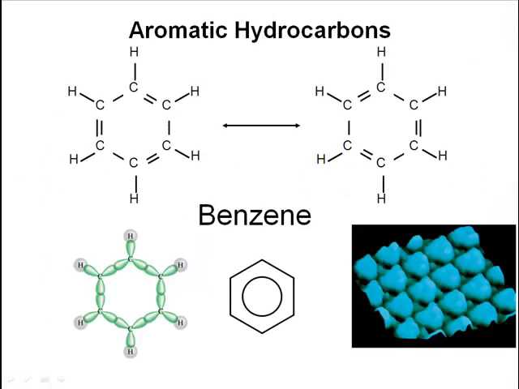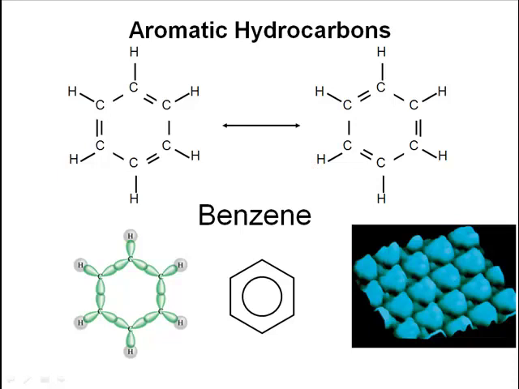When you have more than single bonds, this is when you get what are called the aromatic hydrocarbons. Aromatics have their own classification, because you'll notice here that it has a single bond, a double bond, a single bond, a double bond, a single bond, a double bond. This representation is meant to show that the electrons are being shared in this ring. This is called a benzene ring, and the way the electrons are shared makes it a completely flat molecule.